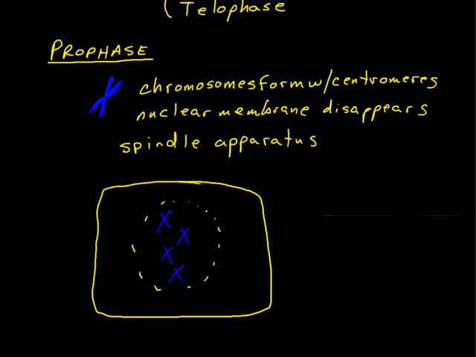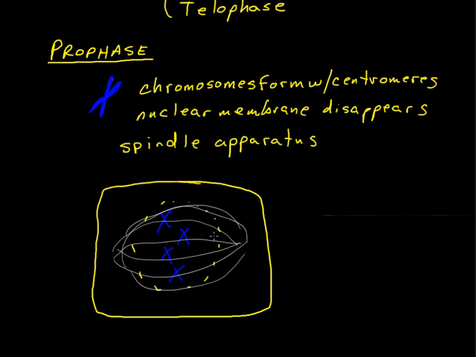The spindle apparatus, or the spindle fibers, start to form from opposite ends of the cell, and these fibers are just microtubules, and the fibers attach to the centromeres.